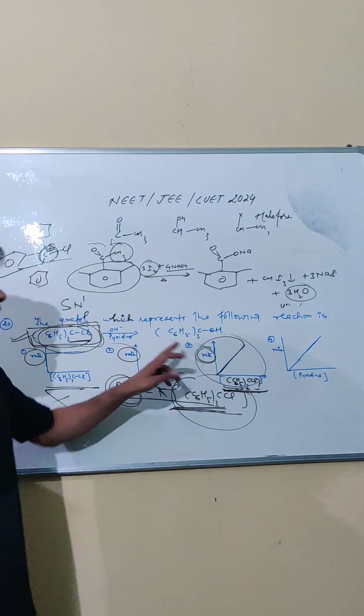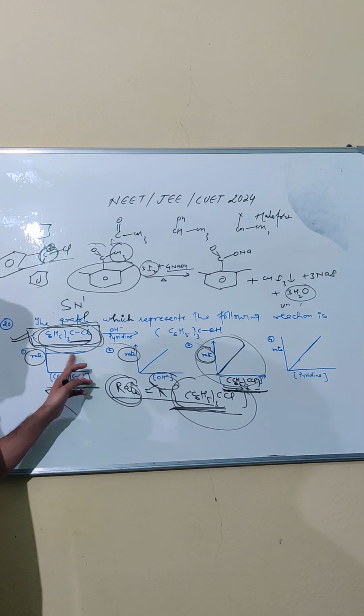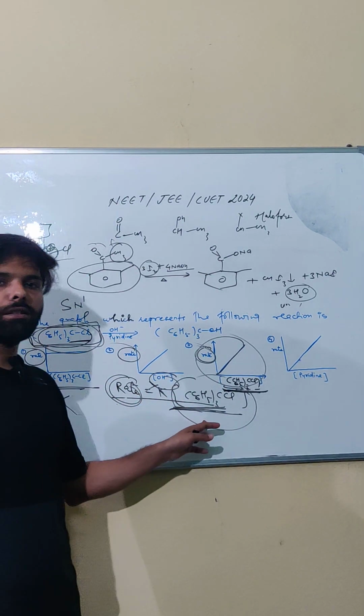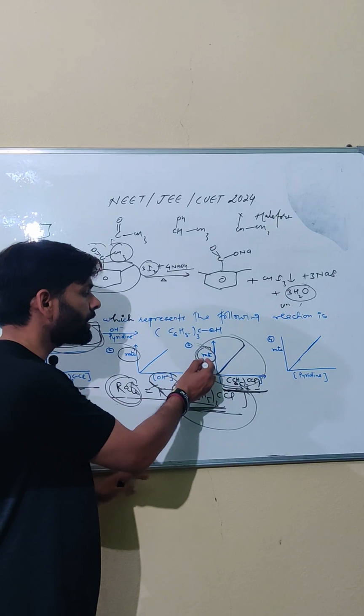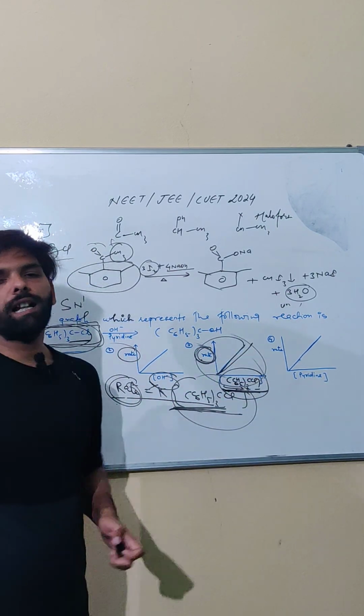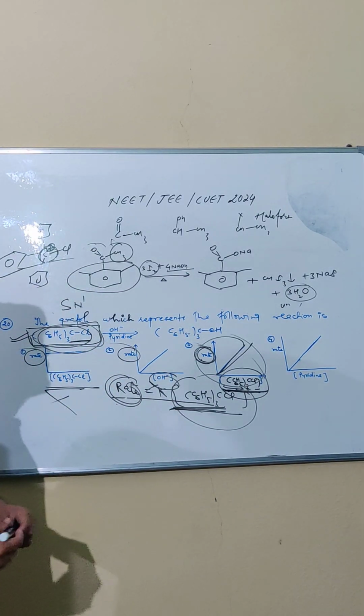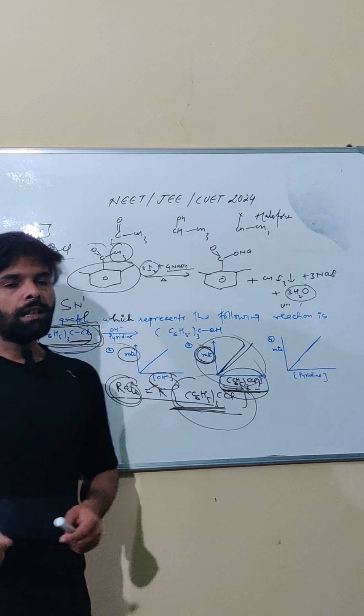So this graph corresponds to this reaction, because this reaction is an SN1 reaction. The rate of reaction depends on the concentration of alkyl halide, and in this option it is given that rate will be directly proportional to the concentration of alkyl halide. So for right now, these are the 3 questions. See you in another video.